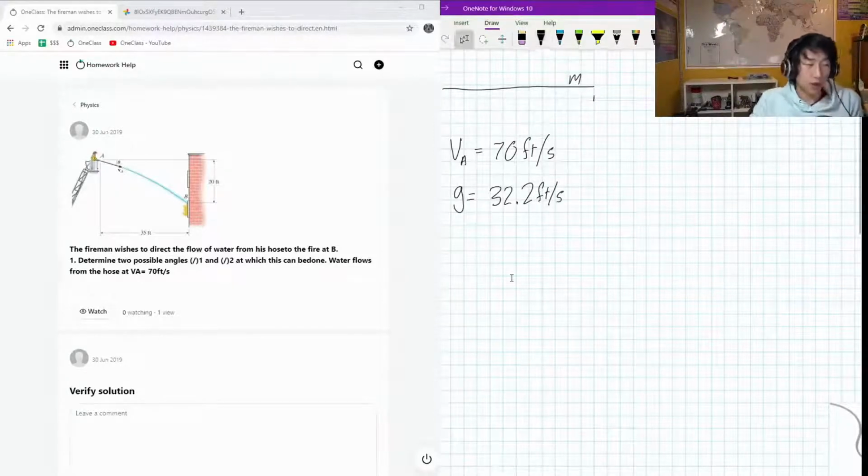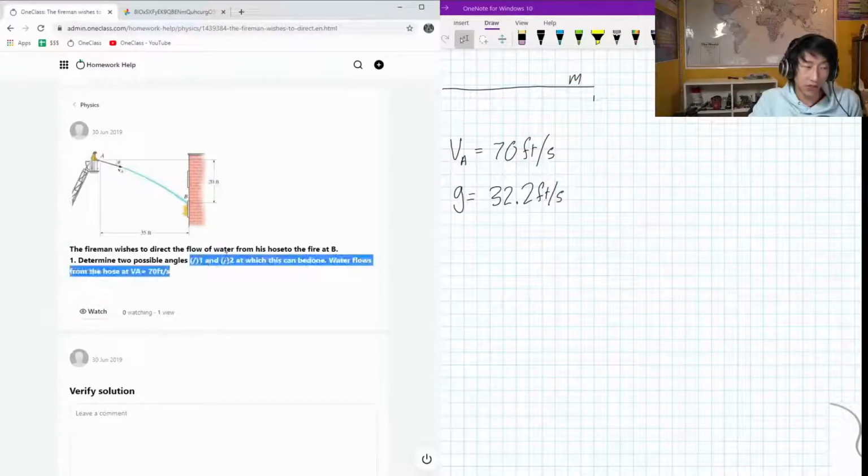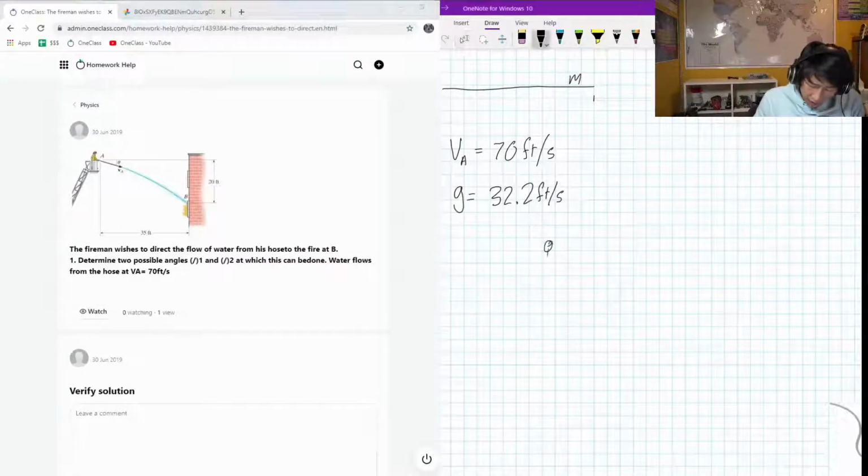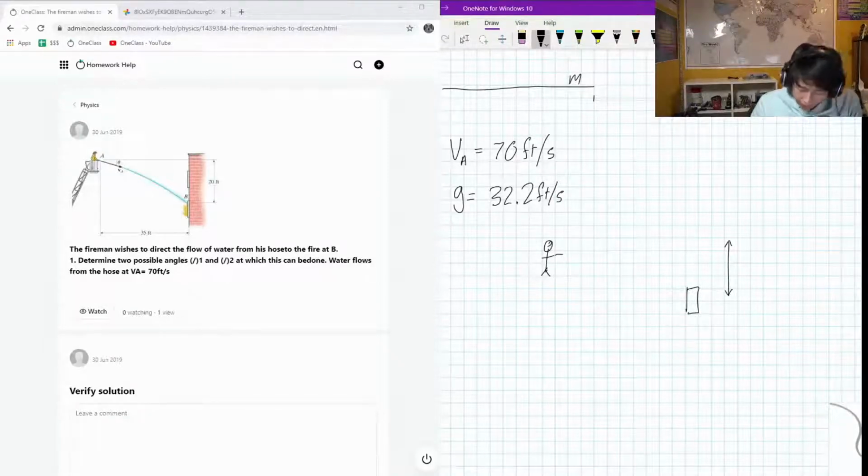Okay, so the question says that there are two possible angles at which this can be done. Let me describe what would be happening in those two different situations. Here we have our fire person with a hose, and we have a target here. We have 20 feet of vertical distance between them.